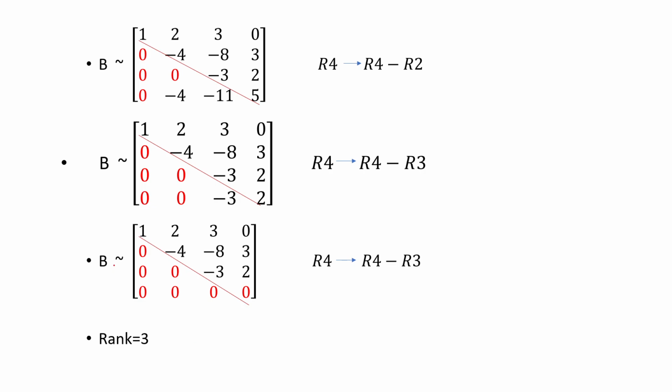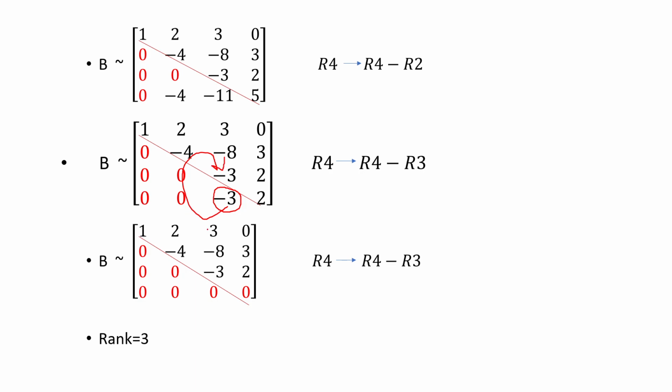Next, if I make this -3 element to be 0, then I will succeed in getting the upper triangular form. For making -3 to be 0, I will be using the diagonal element of -3. This is the procedure, friends.